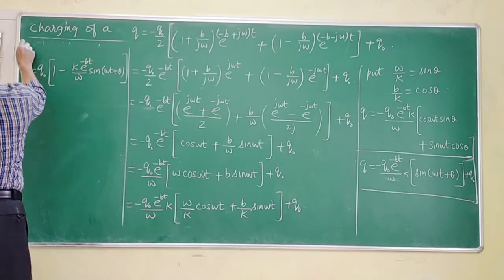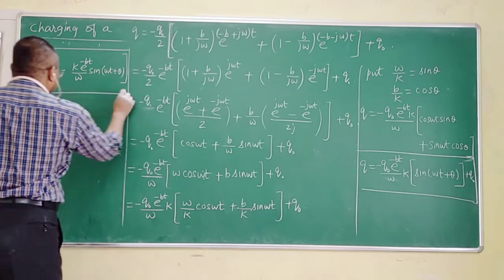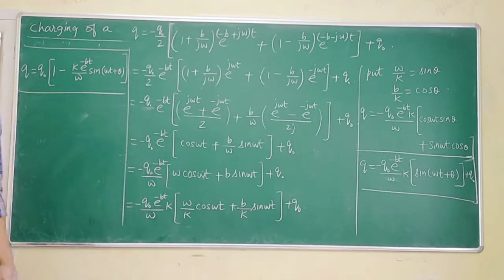I think this must be the final expression. Exactly it is. q naught into 1 minus k e power minus bt upon omega into sin omega t.